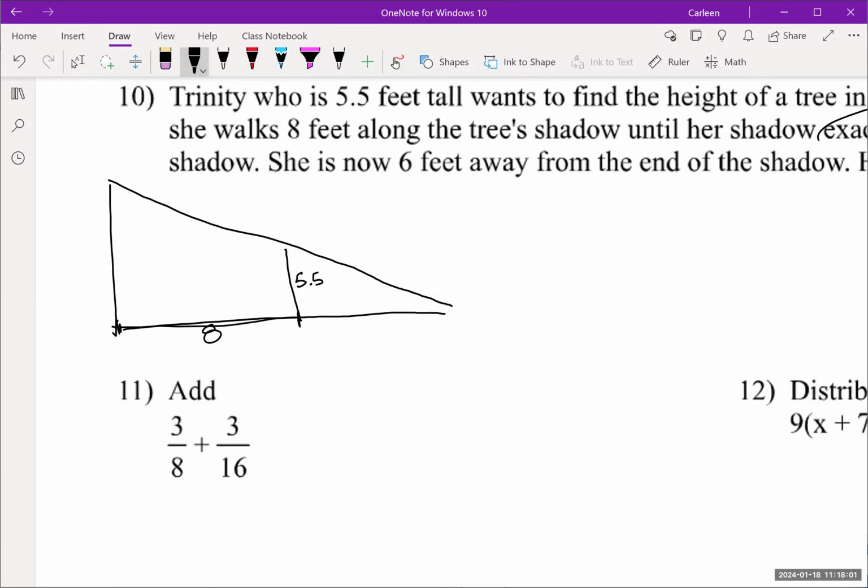Okay, so she stops. Her shadow directly overlaps the tree's shadow. She is now 6 feet from the end of the shadow. Yeah, 6 feet. Right here. How tall is the tree?